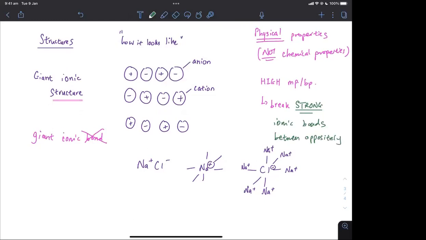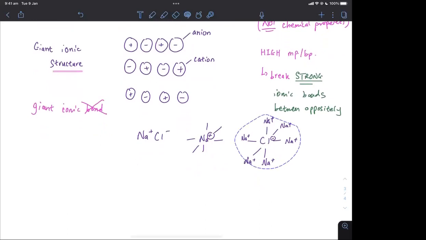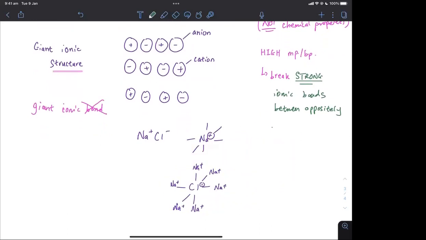You need to be very careful about your choice of words because words are everything. When you use the wrong term, you will mess up the whole thing. I remember there were 1 or 2 people in this class who specified that diamond, you know diamond, has a giant ionic structure, which is completely wrong.